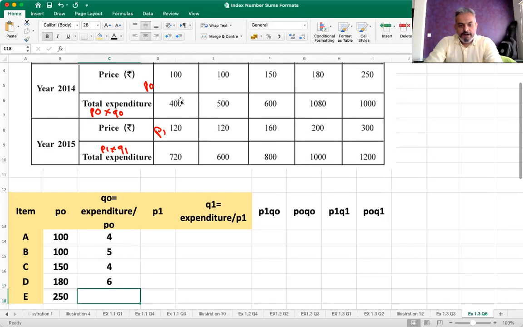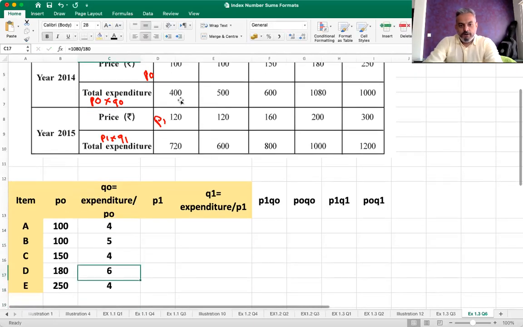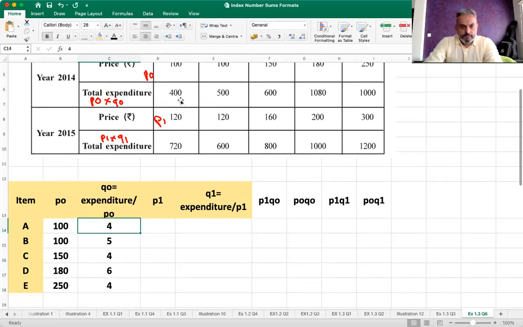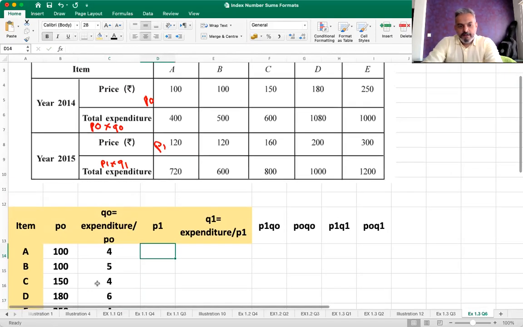And 1000 divided by 250, which is equal to 4. So we get P0, Q0. So you can see expenditure कैसे आया. 4 quantity into 100, so you get 400 rupees is what you spent. Then 5 into 100 is 500 what you spent.